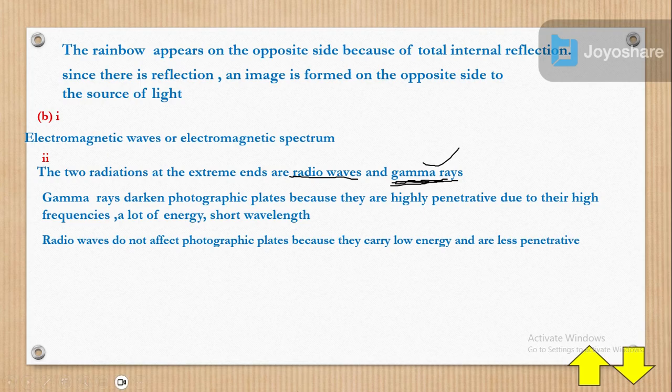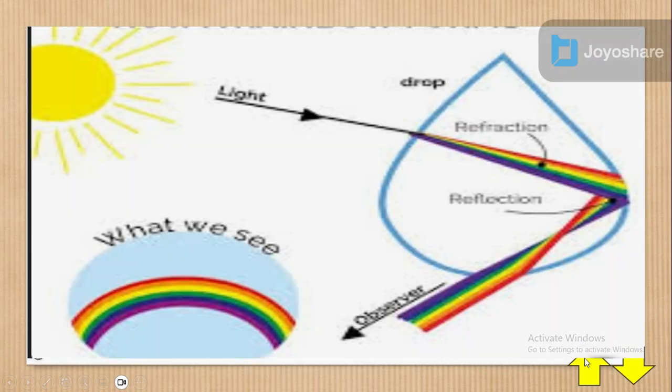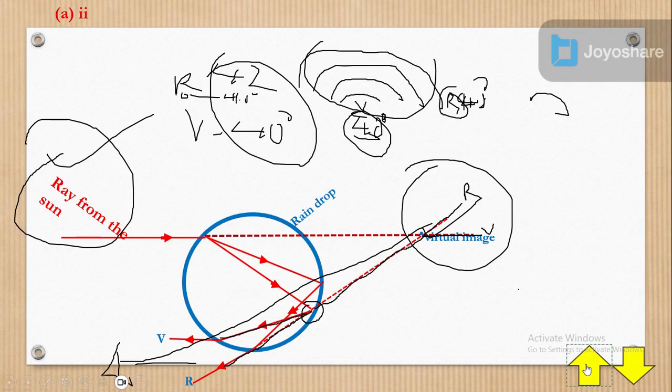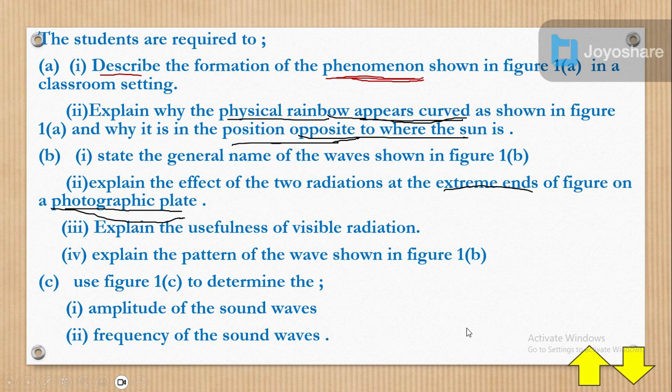Let's see. Okay, let's proceed still. So Roman number 3, let's go and see Roman number 3 from the question. So you have answered this, the effect of the two radiations at the extreme ends.